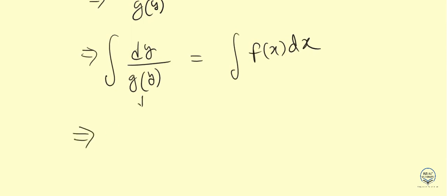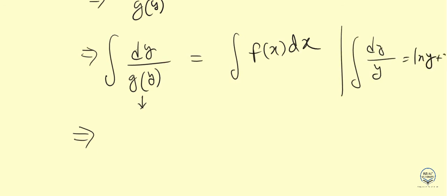This g of y is a function of y, and if you integrate with respect to y you will get some function of y as well. For example, if you had dy by y and you integrate it, this is just ln of y plus some arbitrary constant.